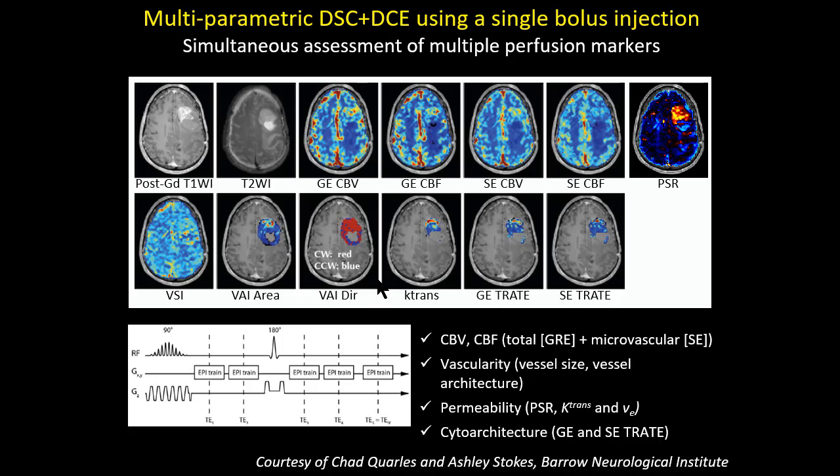Techniques like this can provide simultaneous acquisition of CBV, vessel size, vessel architecture, permeability, and cytoarchitecture, and might be useful in the future in clinical trials and in our daily clinical practice. This would require the dissemination of these advanced pulse sequences to multiple sites and multi-site validation.